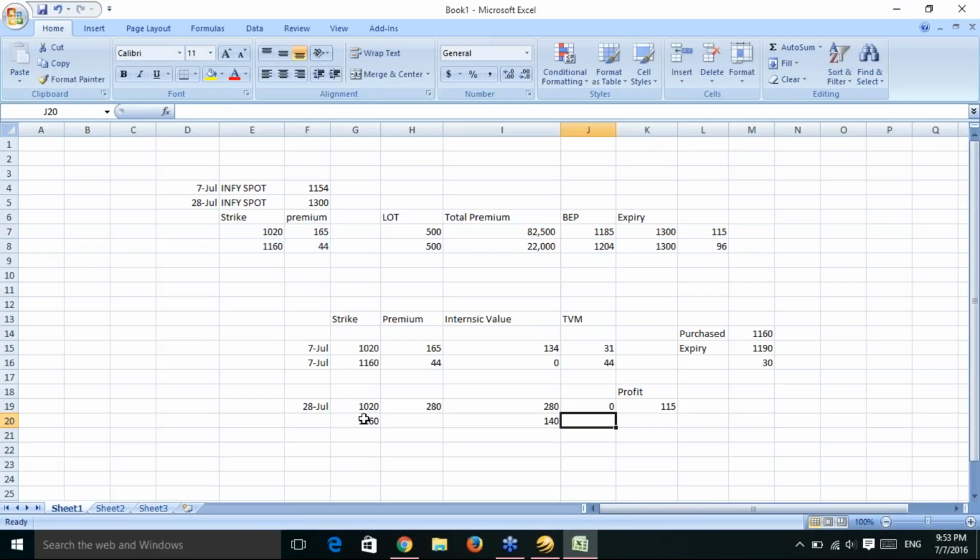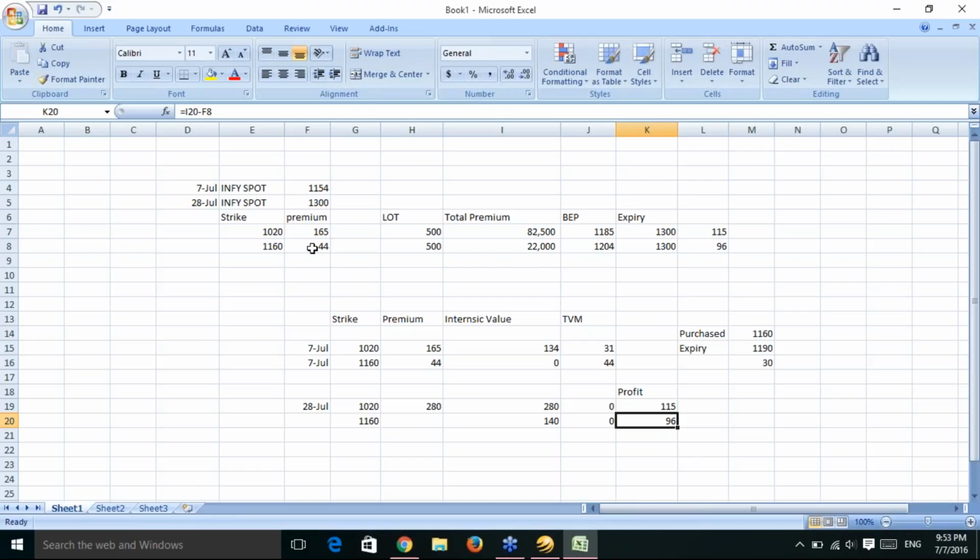And what should be my time value? 0 on the date of expiry. And what should be my profit? The premium I'm receiving is 140 when selling it, and I paid 44. So 96 will be my profit.